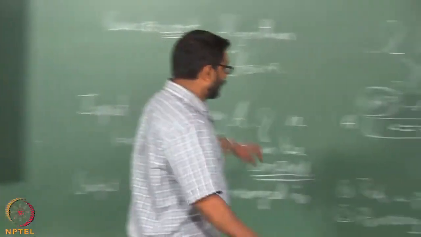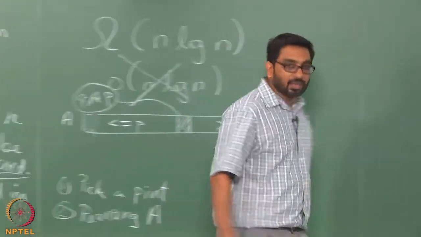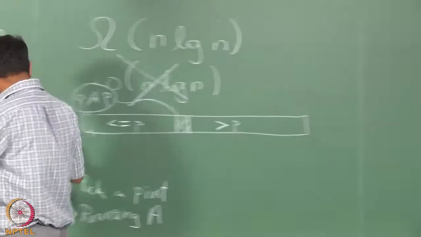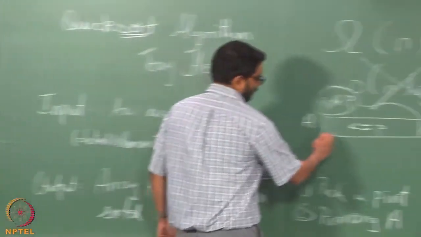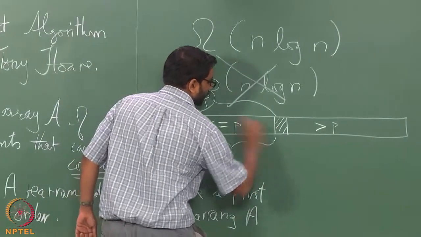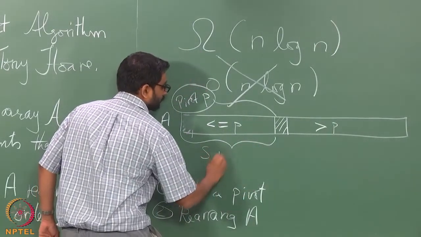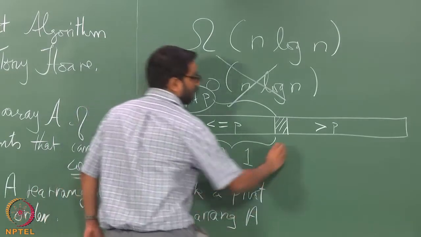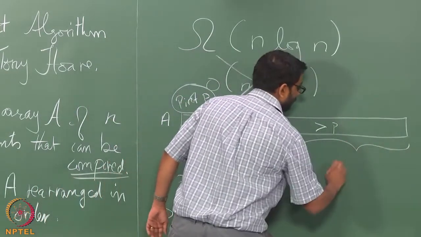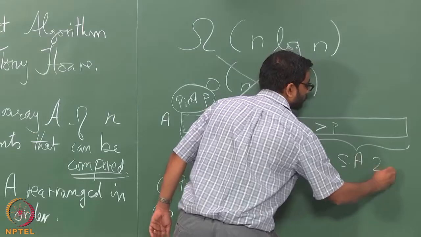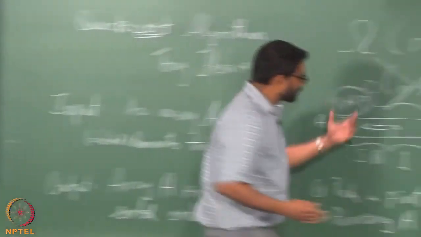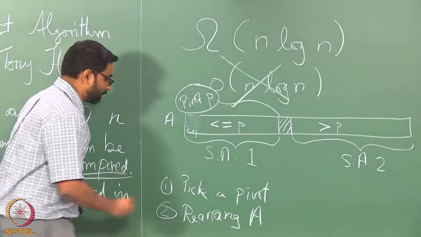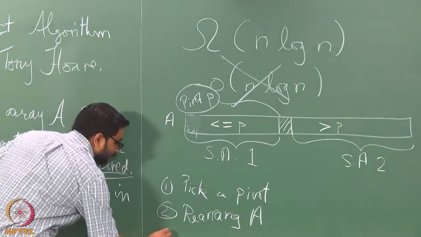After this rearrangement, we can split the array into two subarrays: this is subarray number 1, and this is subarray number 2. All we have to do now is recursively apply this algorithm on the two subarrays.